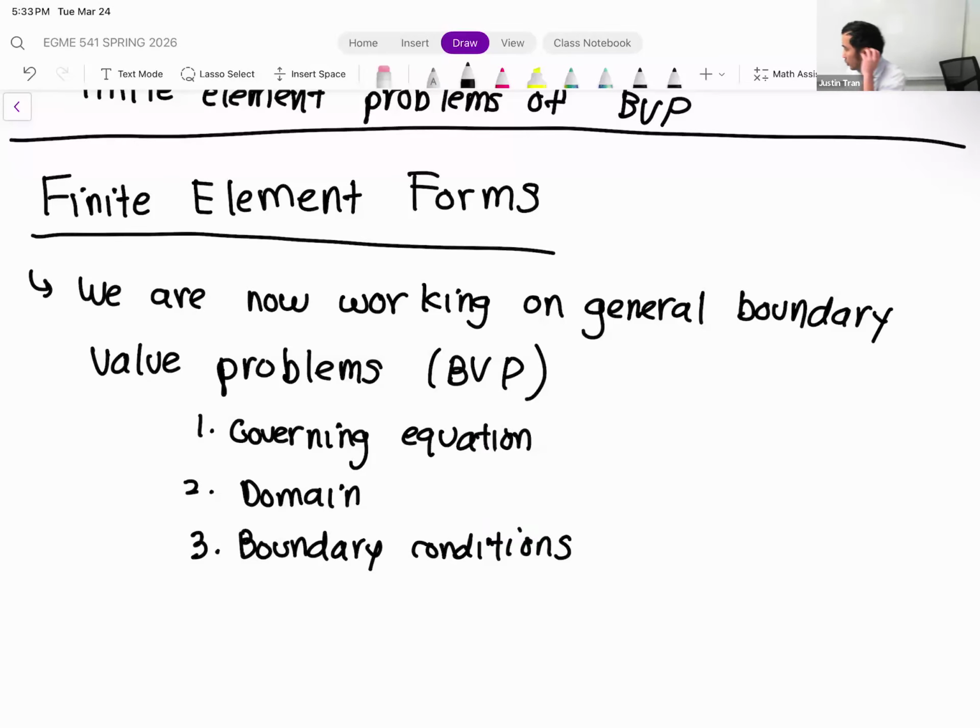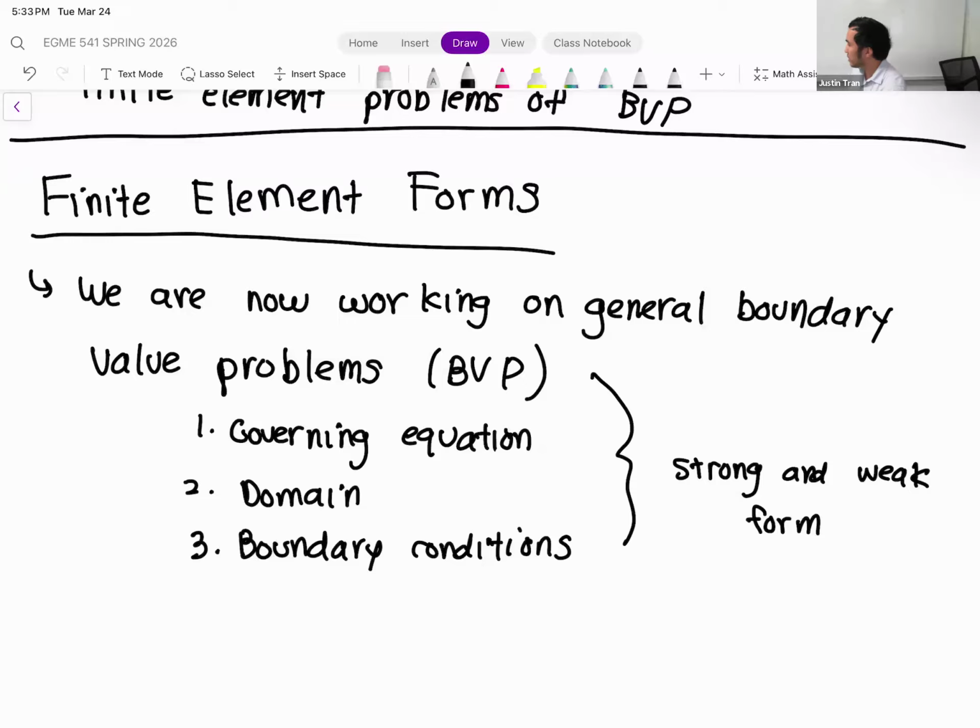We were introduced to this concept even before the midterm exam, and what we said was that we have what we call traditional ways of solving this, which are the strong and weak form solutions. Those are the more traditional ways to solve this problem.